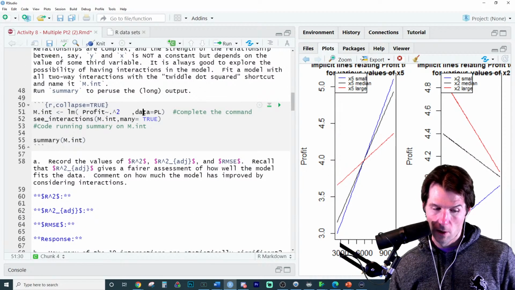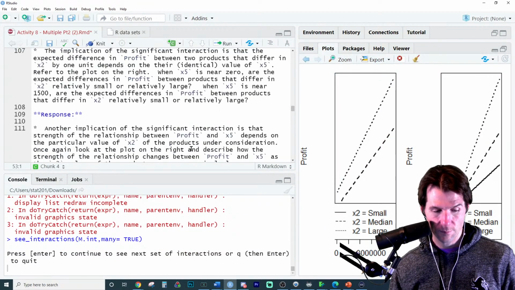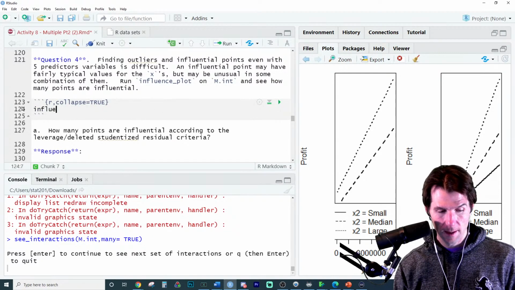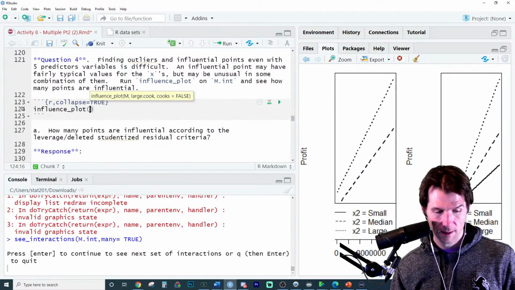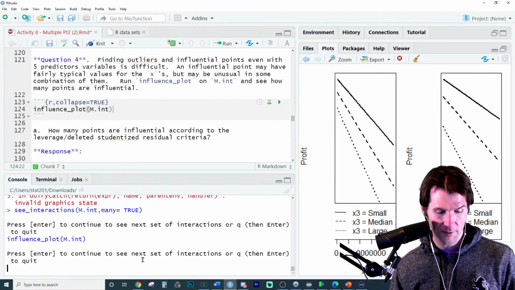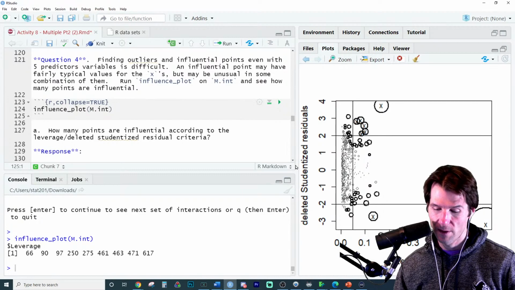Good. Ooh, this is going to be interesting. Okay, let's go check it out. Here we go with an influence plot, and let's see what we get. Influence plot on the interaction model. Oh, I've got code running in the background. That can happen to you. Influence plot. Here we go.